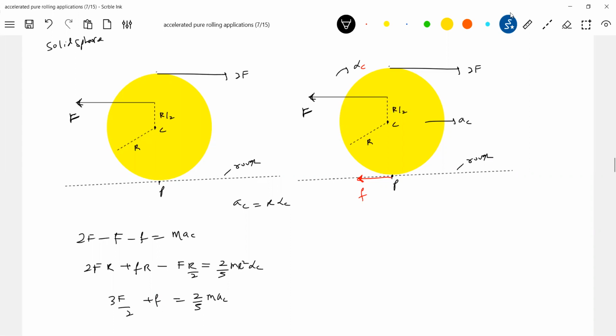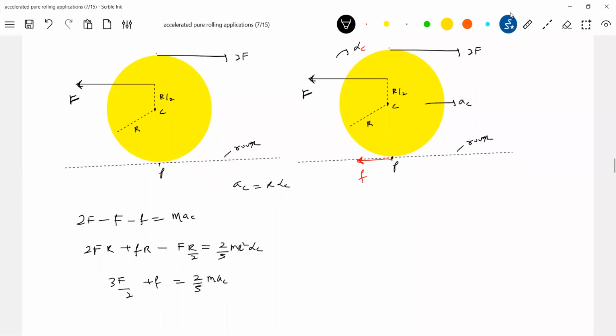Now solving these two equations. Write AC equal to anything, either substitute this in this equation and solve it. So let me add up these two. Friction will get eliminated. 2F minus F, this will be 5F by 2 is equal to 7 mac by 5. So what is the acceleration equal to? 25F by 14 m.